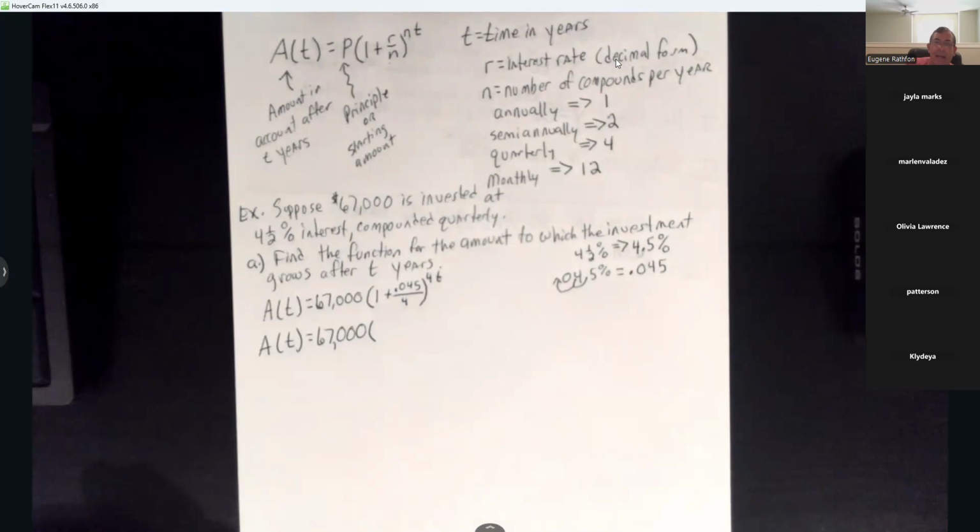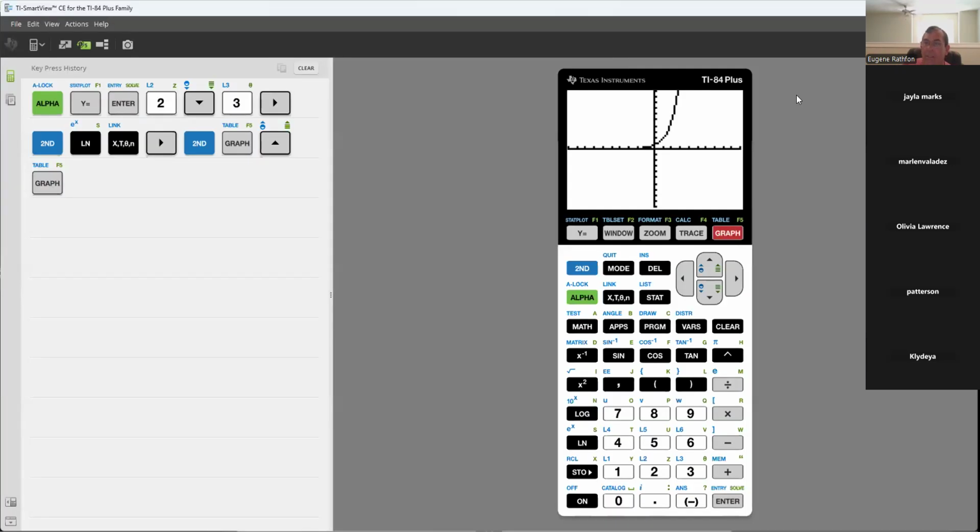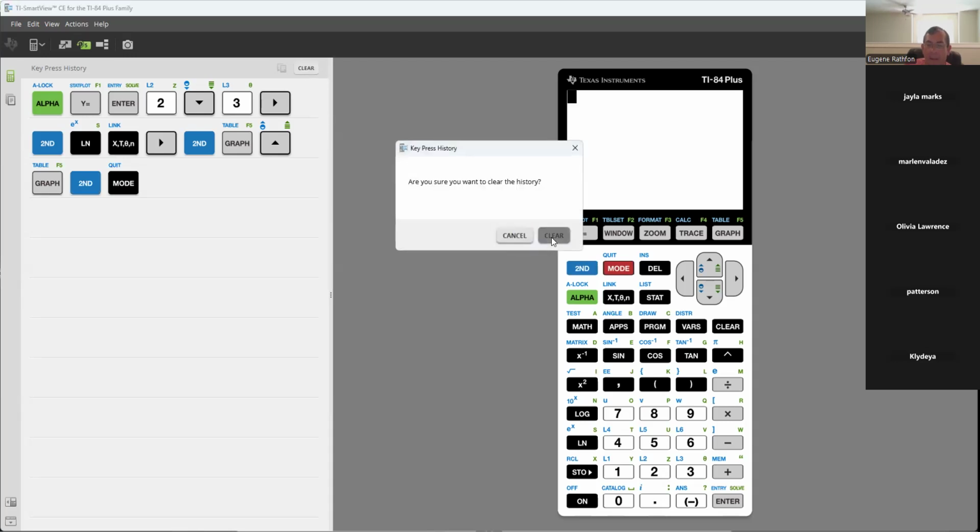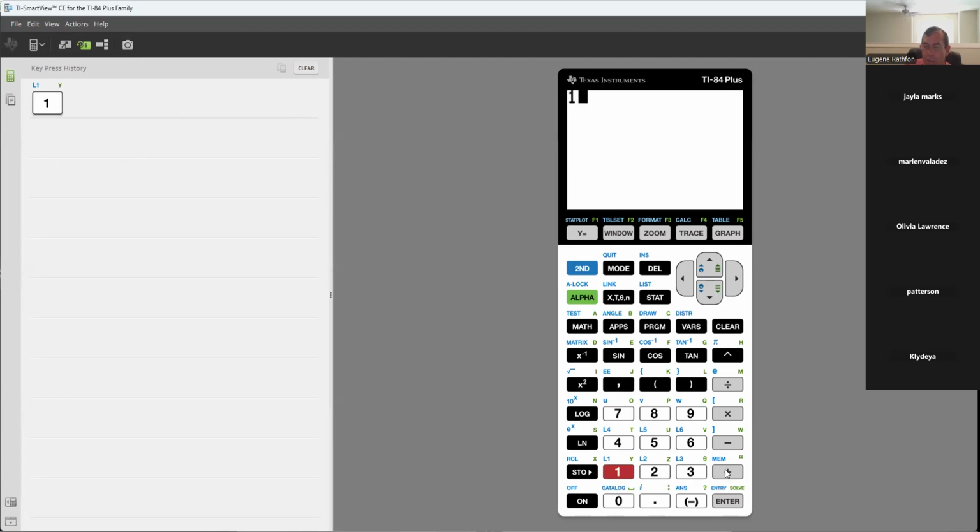So let me share my calculator. And I'm going to do what was inside those parentheses, okay? So let me quit this graphing. So that was 1 plus 0.045 divided by 4.